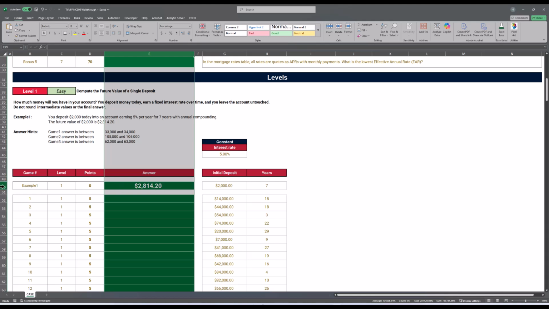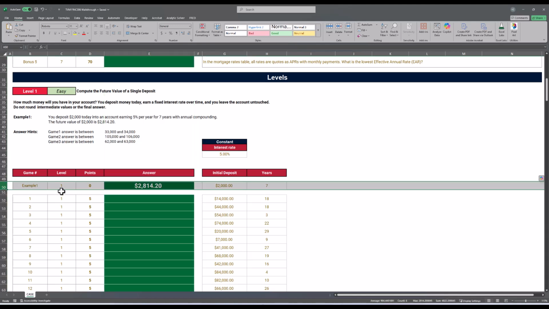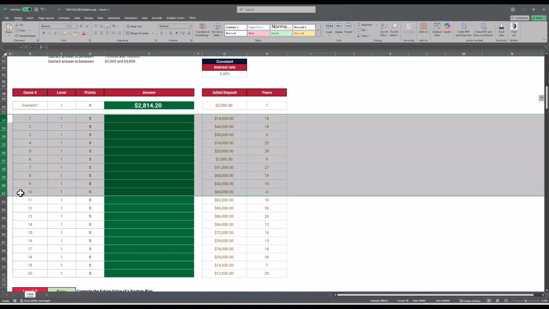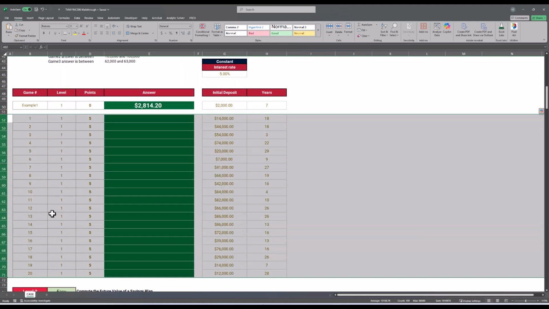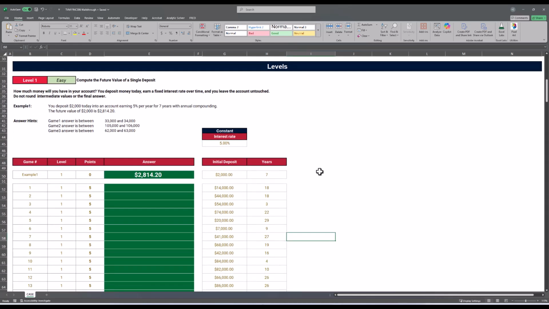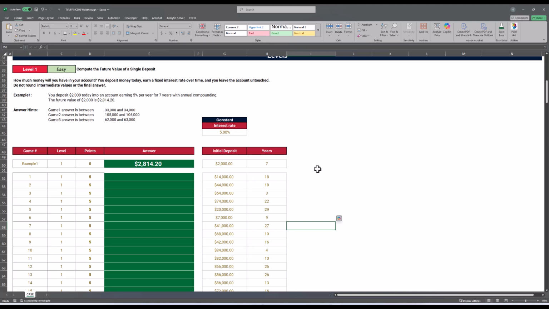So the objective here is to figure out a model that will work on the example and then quickly move through all 20 games in that same level, which effectively change the inputs and use your model to solve for the appropriate outputs there as well, and then just see how far you can make it in 30 minutes. So I'm going to work through the levels first, and I'll hit the bonuses here in just a moment.